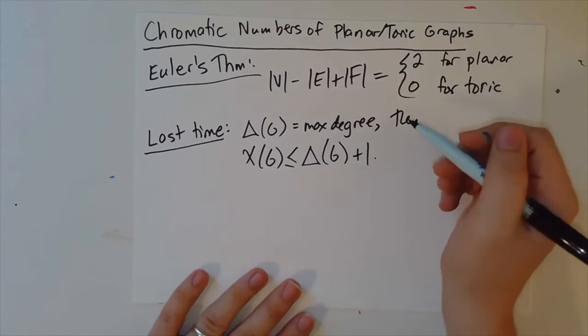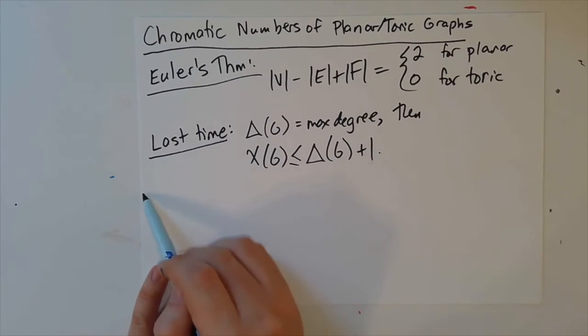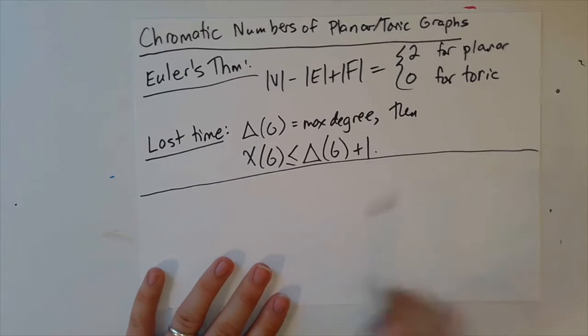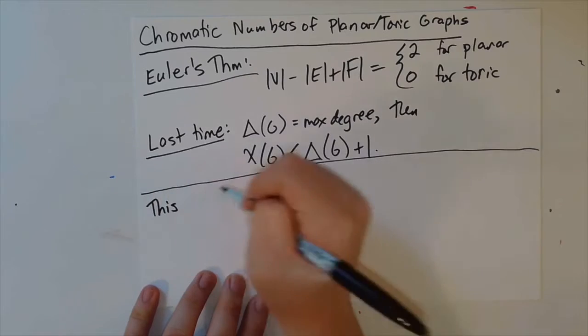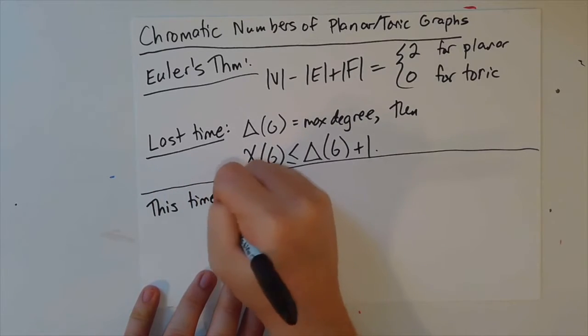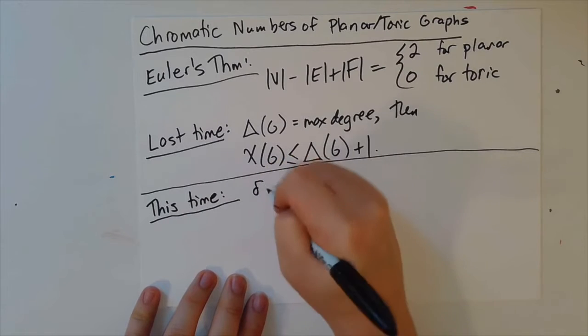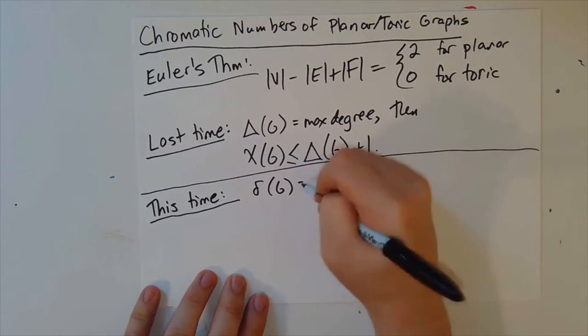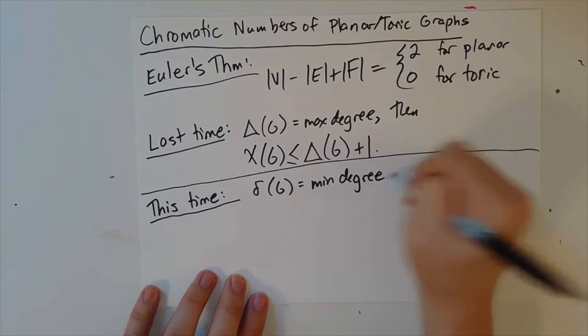Okay, so this time we're actually going to look at something which seems backwards. Namely, we're going to look at a variation on this big delta. Namely, we're going to look at little delta of g, which is going to be the min degree of a vertex in g.